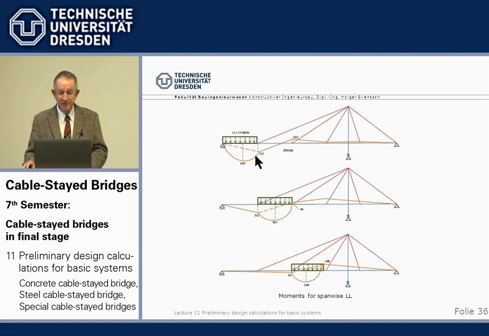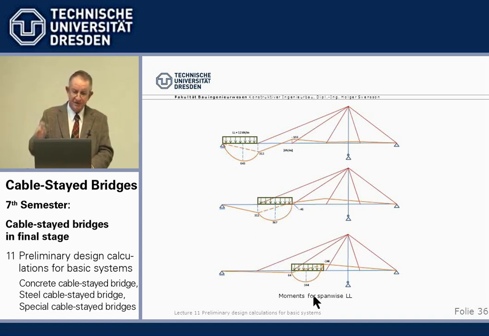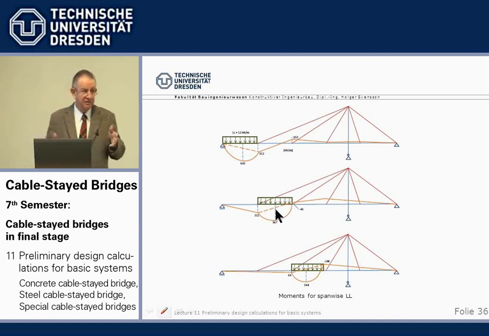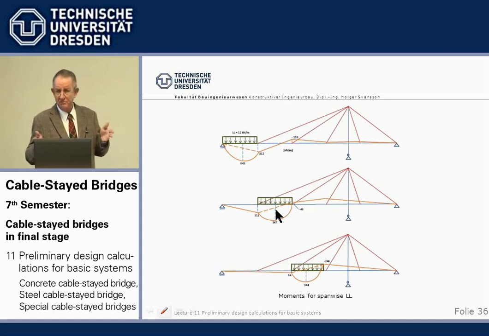And then of course we have a run-off moment for every one of these configurations. And important here, the positive moments are as important as the negative moments. That's why we cannot use the beam on elastic foundation. That gives us only reasonable positive moments. So they have to be calculated by computer.